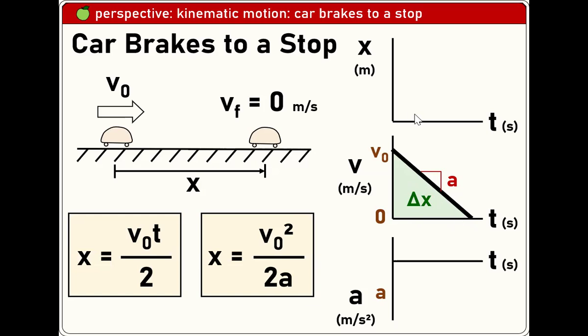Now, if you plot that on an X versus T, it's going to look like, bing, that right there. I'm going to define the point where I hit the brake as 0, 0. Then during the first second, the car went a long way. During the next second, it's still moving forward, but not as much. And during the very last second, it's coming to a stop, still moving forward again, just a tiny, tiny bit.